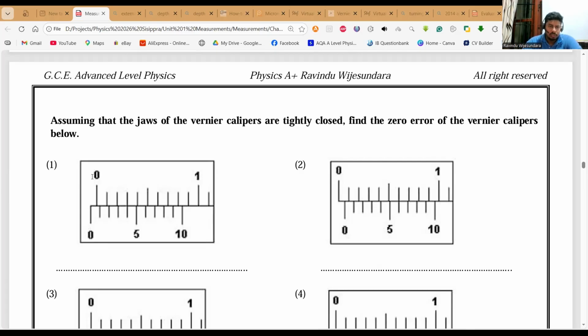So if it is a negative one, then you have to read from the back side. So the 9th millimeter is taken as the zero and 1, 2, 3 like that. That's how you read. So the main scale reading for the backward reading is 0 plus. It is a negative zero error, so you better put a negative mark first. Negative 0 plus 0.1, the least count, multiplied by... Now you count from here.